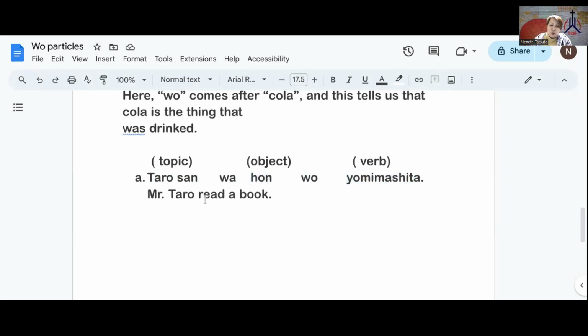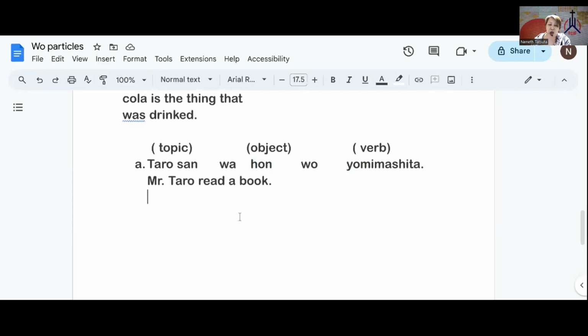Because the question here is, what did Taro-san read? Yomimashita. Taro-san wa nani o yomimashita ka? It's a book. So this is your object. What did Mr. Taro read? A book. So that is now your object with the wo.